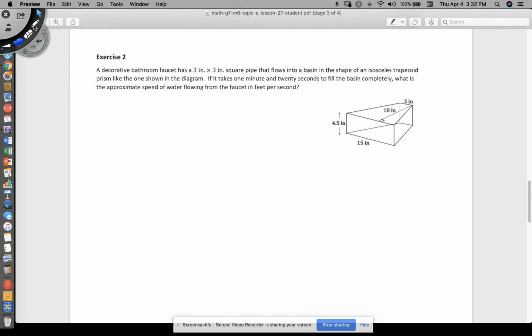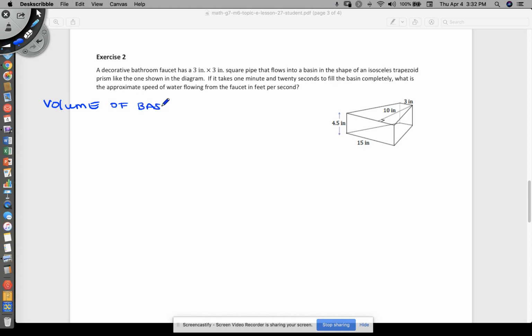All right, so the first thing let's do is find the volume. So I'm going to say volume of the basin. And that's going to be 1/2, because it's triangular, of the length times width times height.